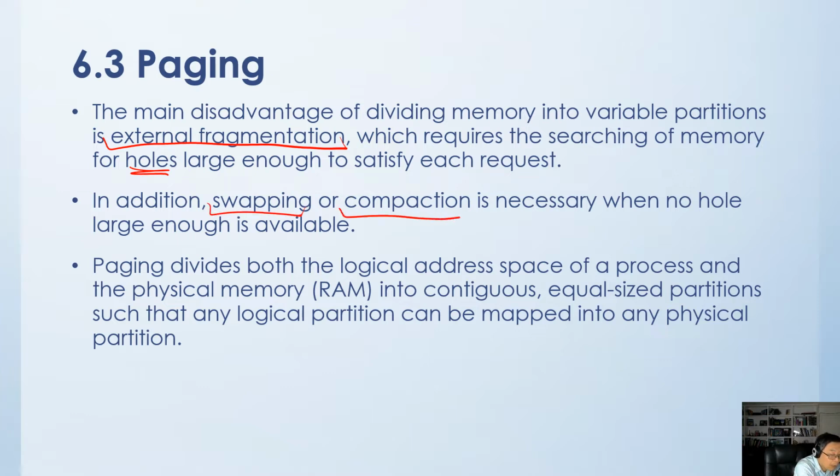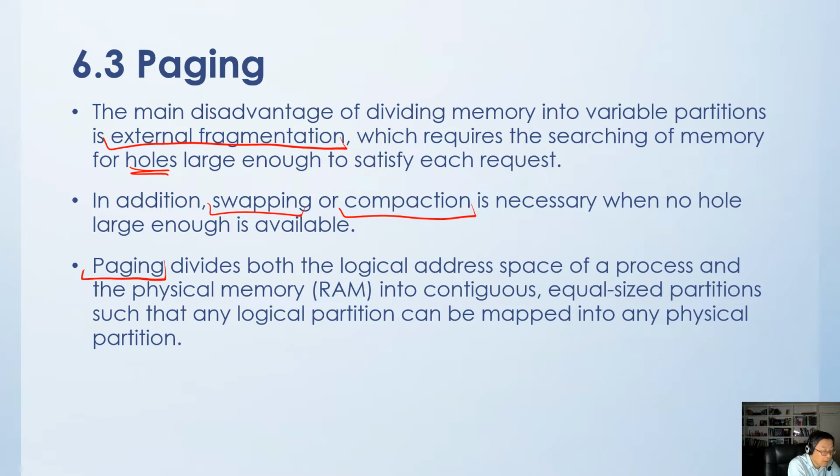The other one is compaction. We just discussed this in the previous section, right? These two approaches are necessary when no hole large enough is available, but they are also very costly. So people thought about other ways to resolve external fragmentation. One solution is paging.